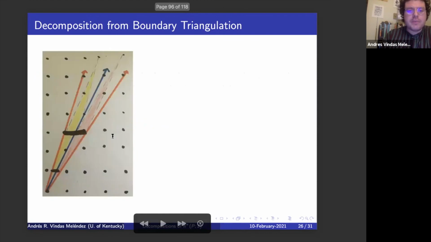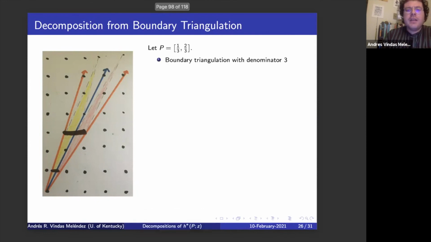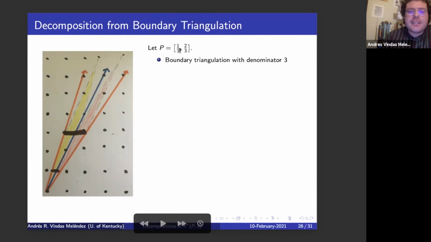So here's an example. Let's just consider the small line segment 1/3, 2/3. So that's this small line segment over here. Again, I coned over it, so now I'm in ambient space R^2. The boundary triangulation has denominator 3. Again, the denominator is the least common multiple of the vertex coordinate denominators.